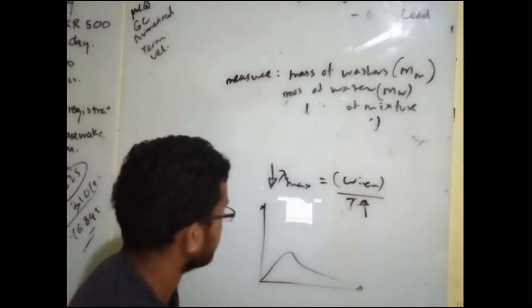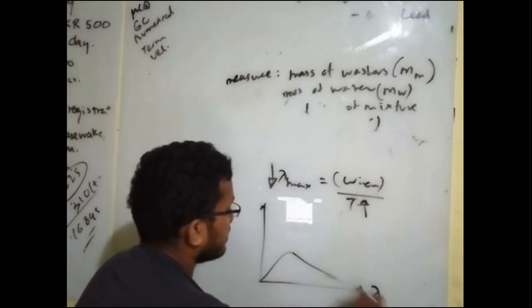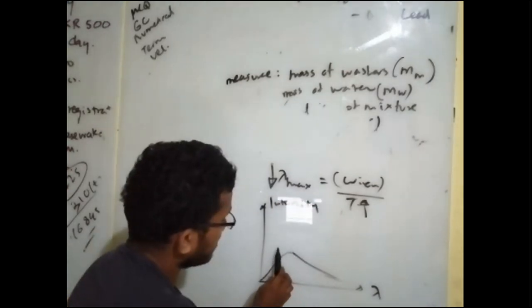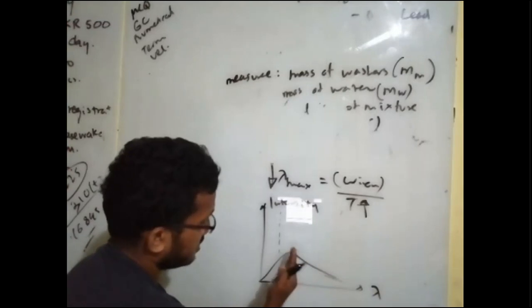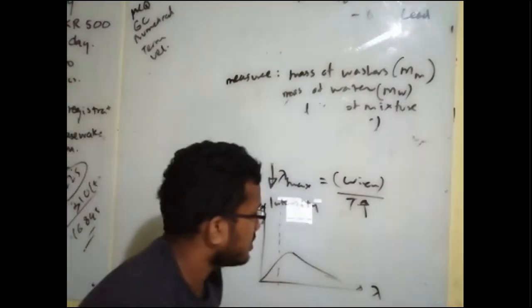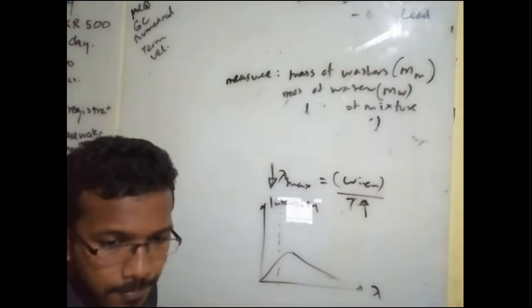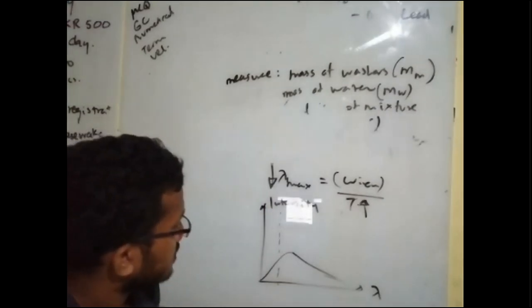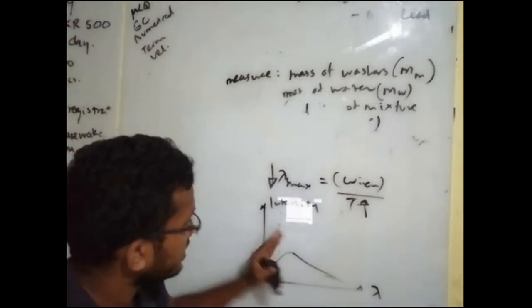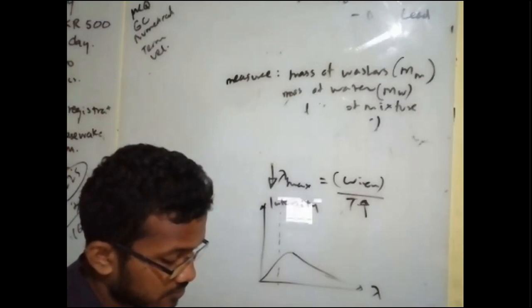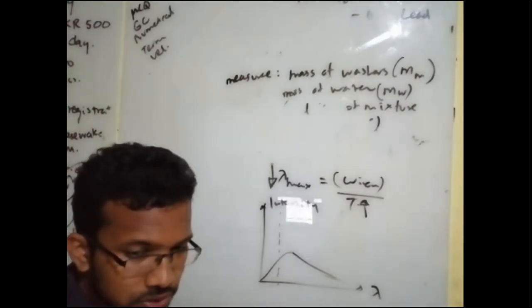Then, this is lambda, this is intensity. So we know that lambda max will be around somewhere. The peak will be this side, but will the intensity be lower or higher? Lambda max is lower, fine, but the intensity, let me look at the equation. What is the equation that you can use?